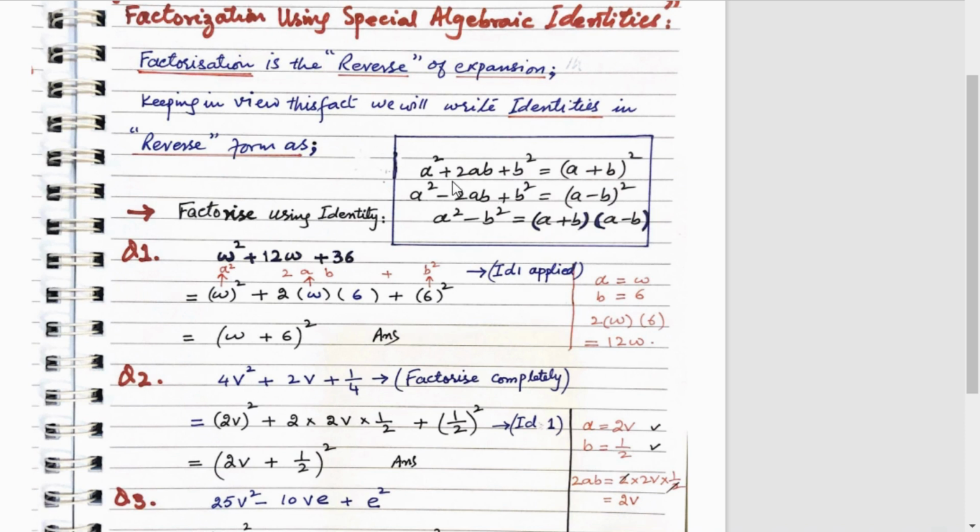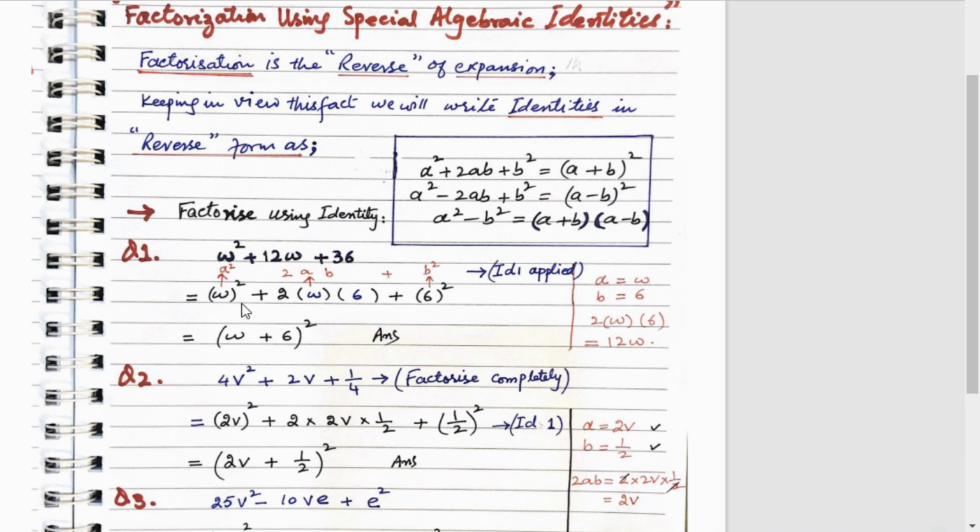This is factorization and this is the expanded form. Now the expanded form will give you factors, because (a + b) whole square is the factor form. Square means (a + b) into (a + b), two factors written in collective form. You will understand when I go to question number 2.